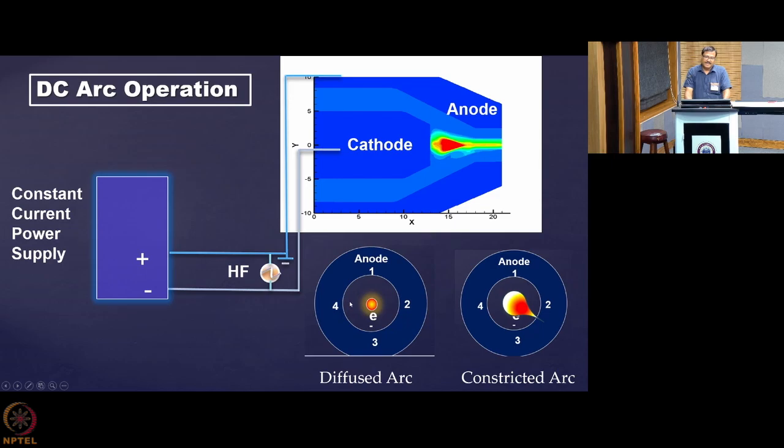So the whole region is uniformly connected by the electron flow. They are basically making a hollow cone shape, and they are connected all over the anode inner surface uniformly. When this is the configuration, we call it a diffuse arc.